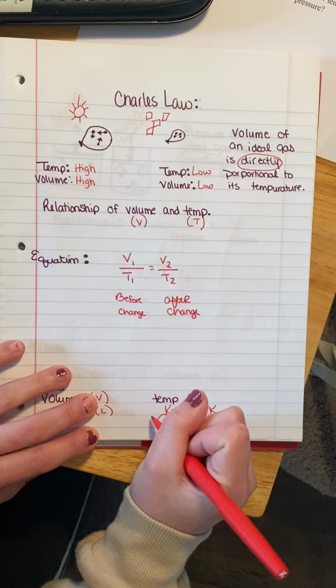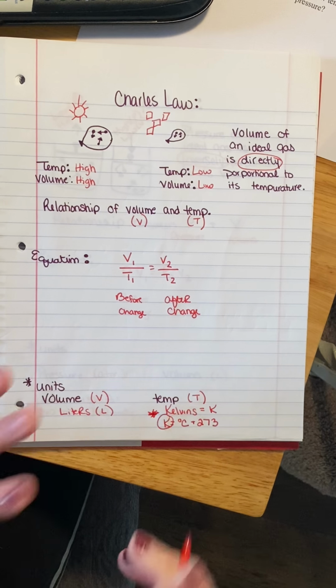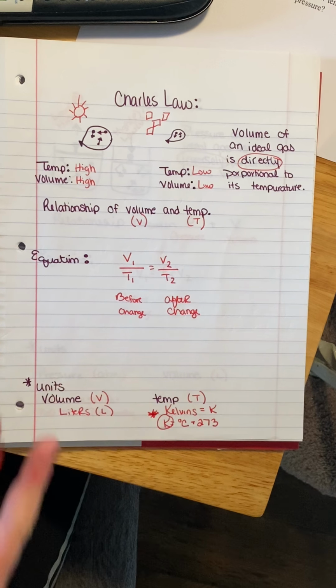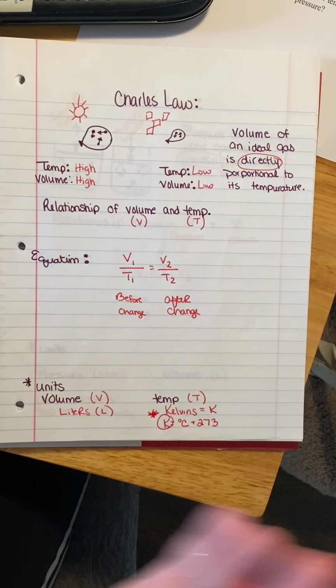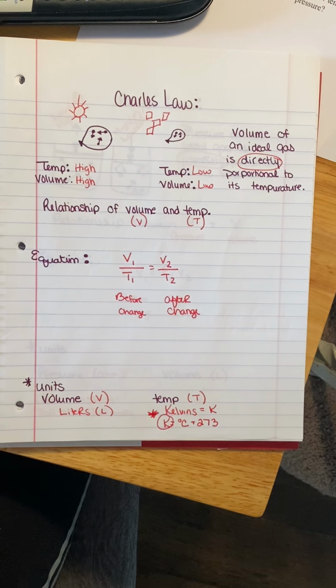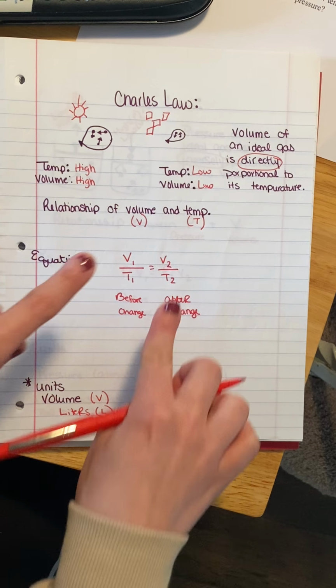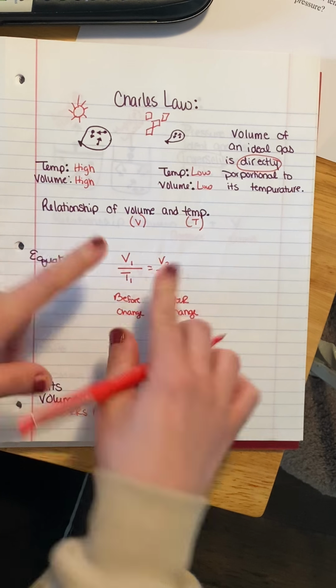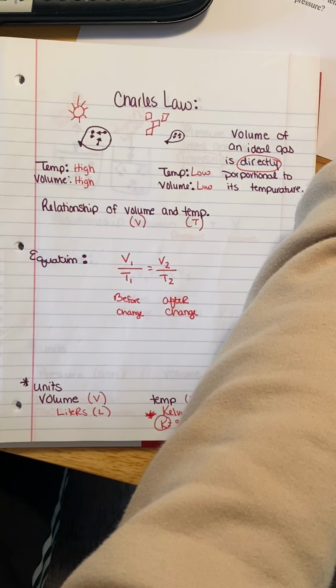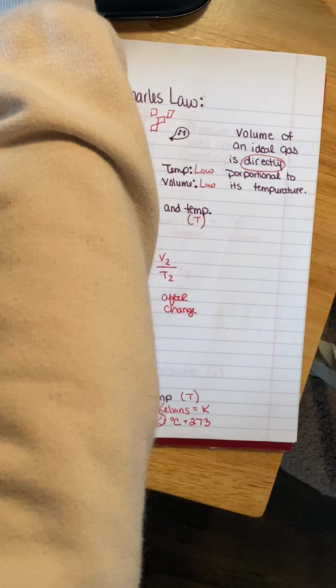Make sure you are always solving for kelvins. You will likely be given Celsius. You need to convert that before you solve. All right, so Charles' law, we got a direct relationship between volume and temperature. This is the equation we use to solve. Let's jump into some practice problems.